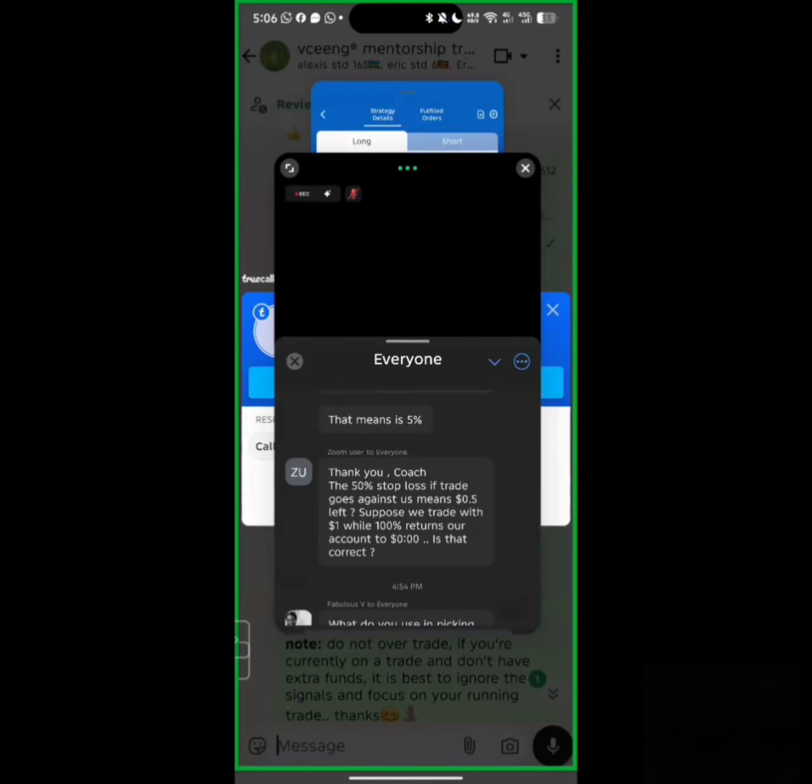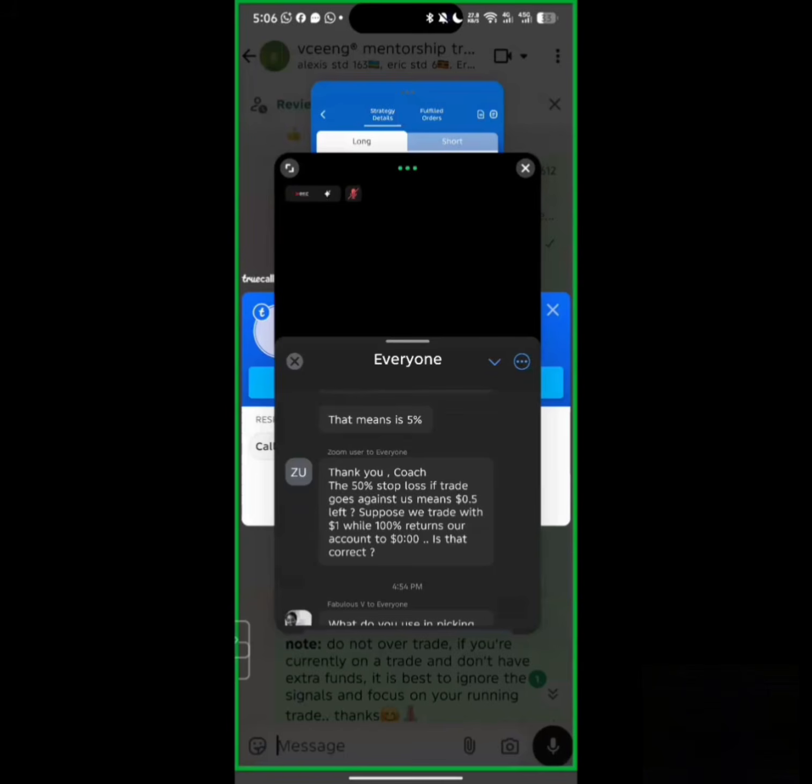The 50% stop loss, if trade goes against you, means you have $0.5 left. Suppose we trade with $1 while $100 return. So I have explained: if you have $100 and you hold a position of $10 with 10x leverage, that means you only have $1 in the trade.